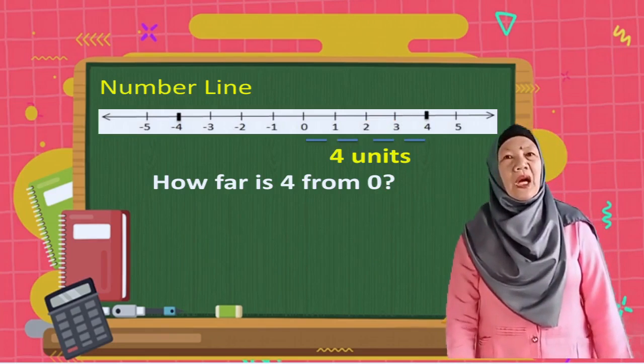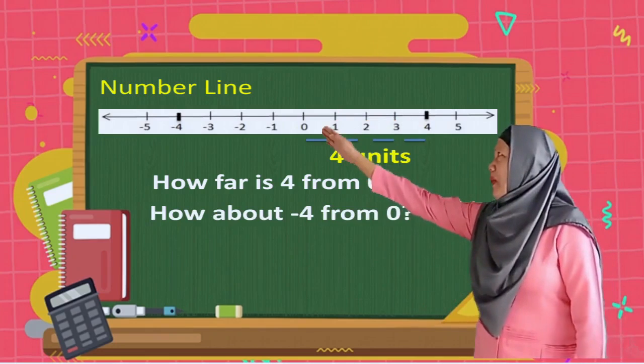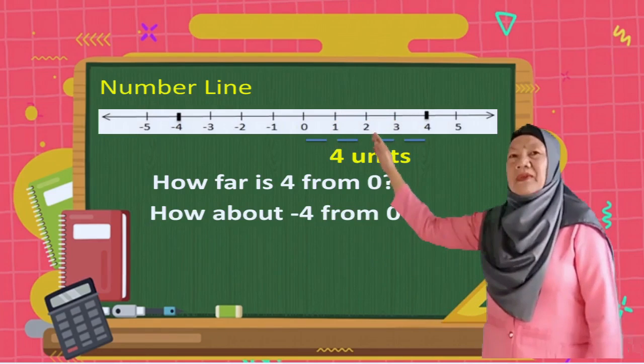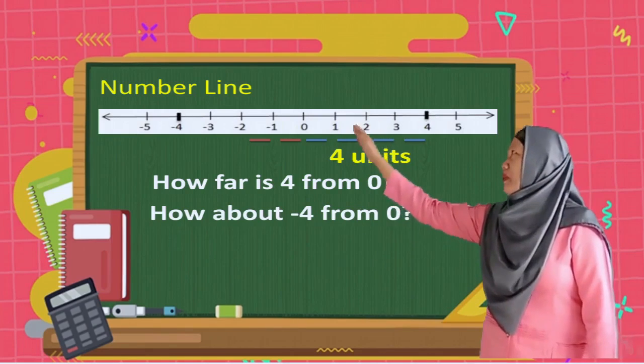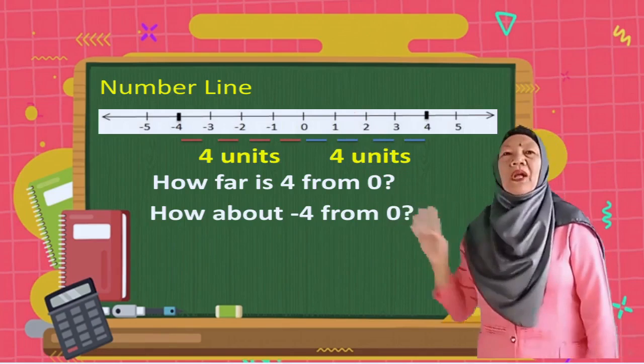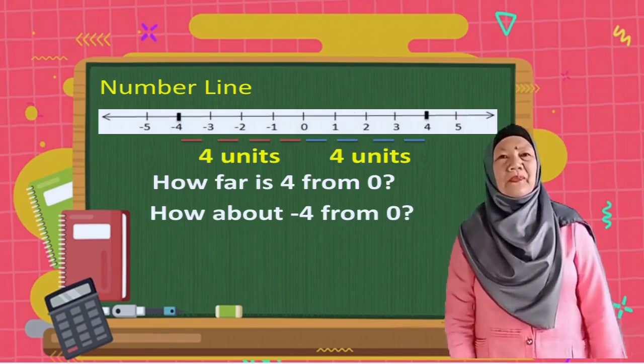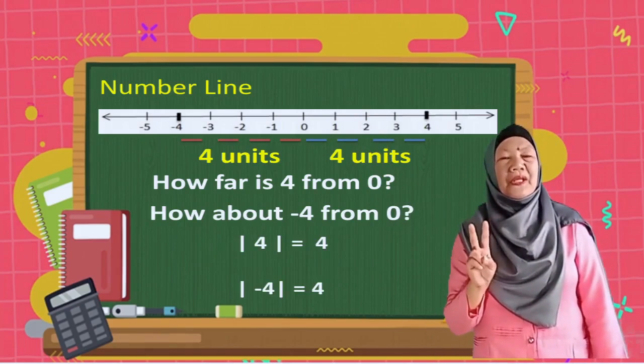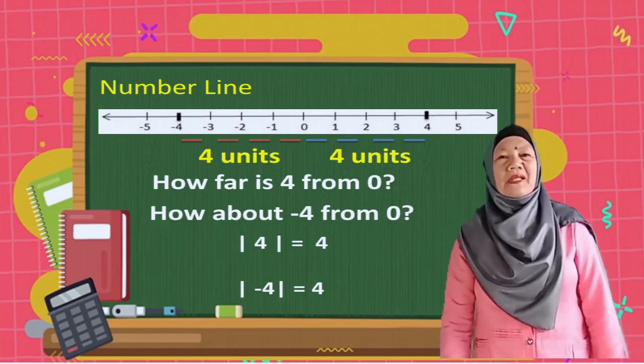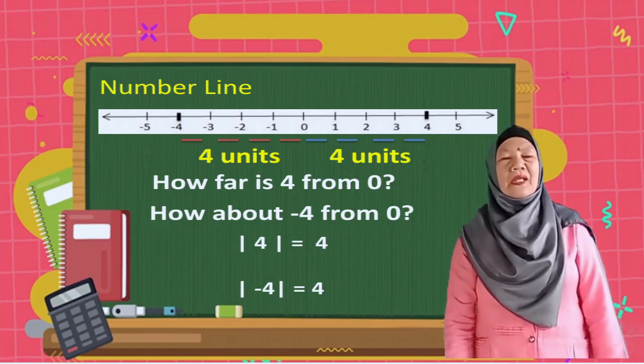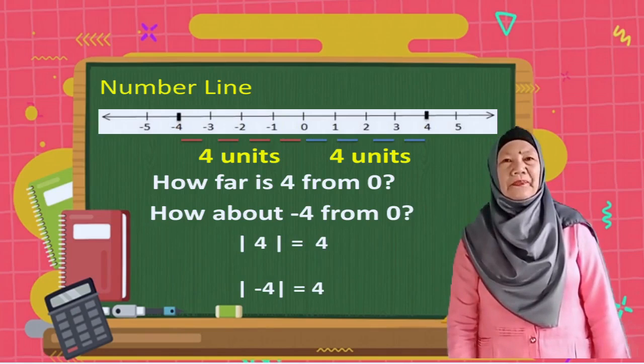4 units. How about negative 4 from 0? Let us count again. 1, 2, 3, 4. 4 units also. We have 2 numbers, negative 4 and positive 4, that are equidistant from 0.